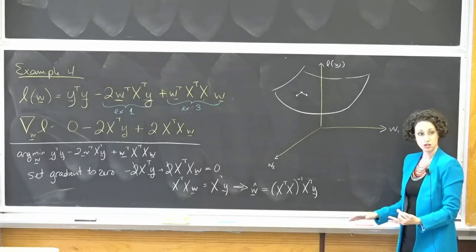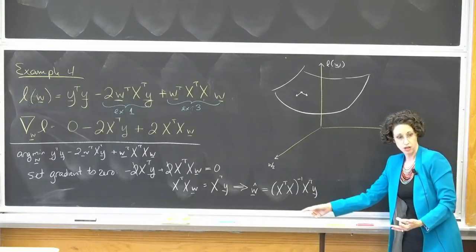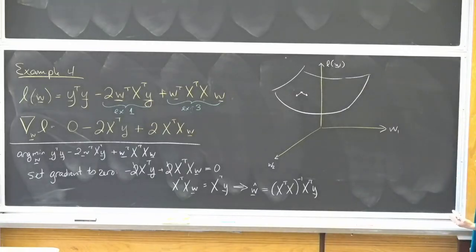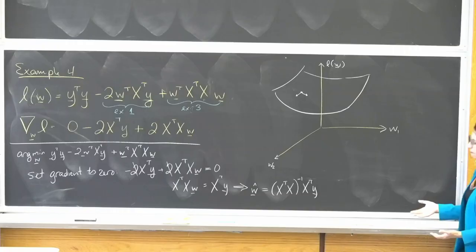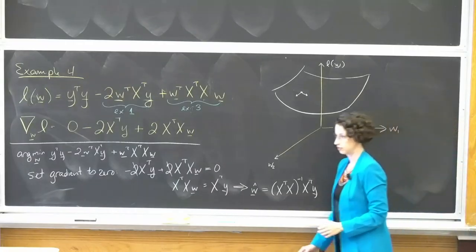But again, this hinges on X transpose X having an inverse. So we talked about that a little bit from the notion of linear independence and matrix rank. But I want to talk about it more now from this perspective of optimization and when we can expect our optimum to correspond to this formula. Are there any questions so far?